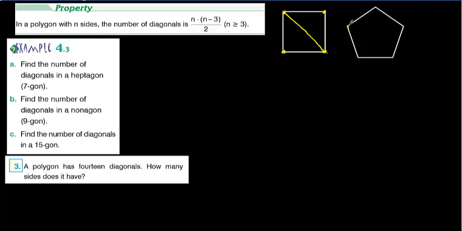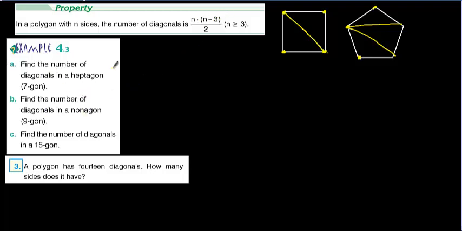If I simply explain again, these are the consecutive vertices. From this vertex I'm going to draw. I cannot draw to these, but I can draw to the others, which means if it is a 5-sided polygon, 5 minus 3 different diagonals I can draw from one vertex. So the formula becomes n times n minus 3 over 2.